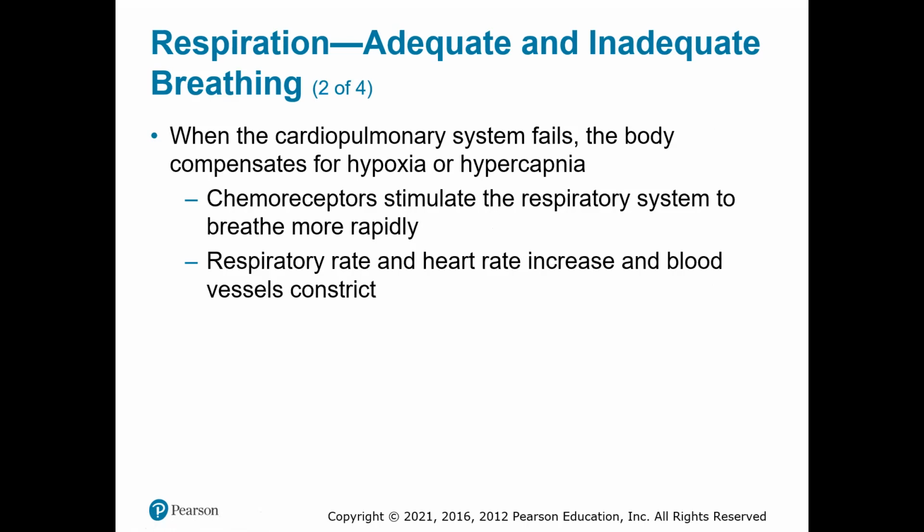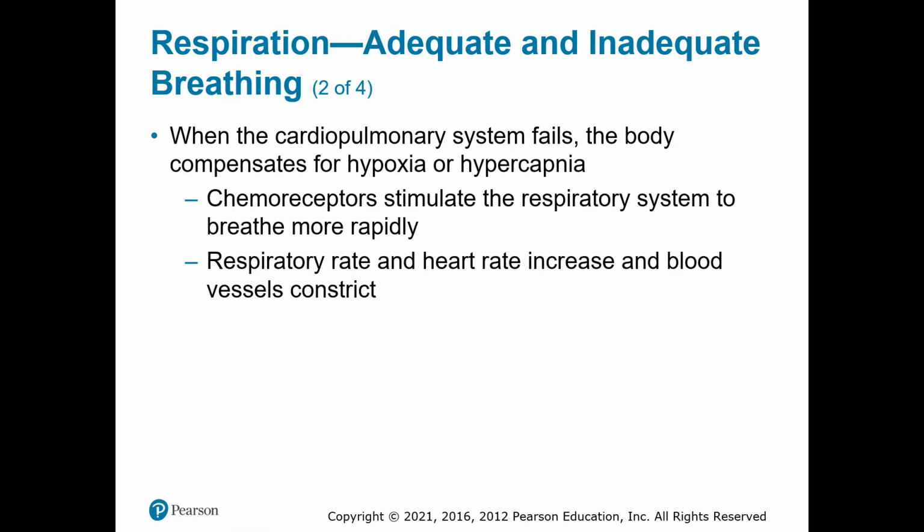We talked a little bit about if one part of the system fails, the body will try to compensate before it completely fails. So there's chemoreceptors. So like speed, that's the chemo. Well, it's a receptor. It's like transmission. So it transmits to the rest of the body to start to breathe faster.